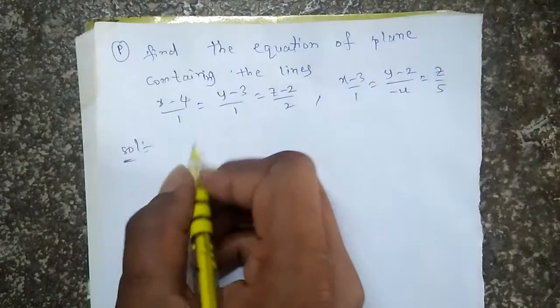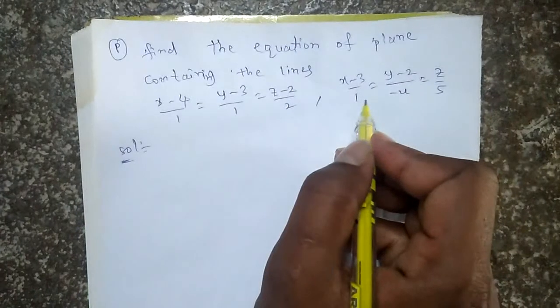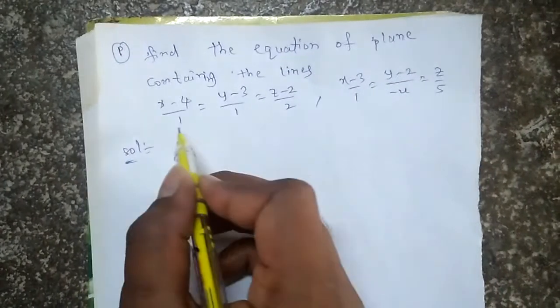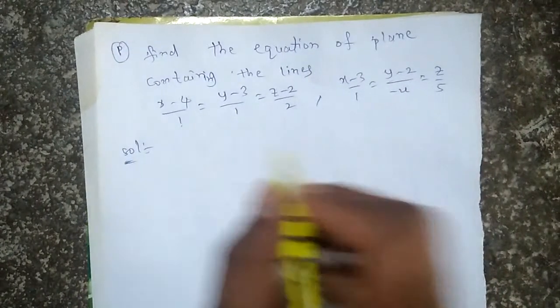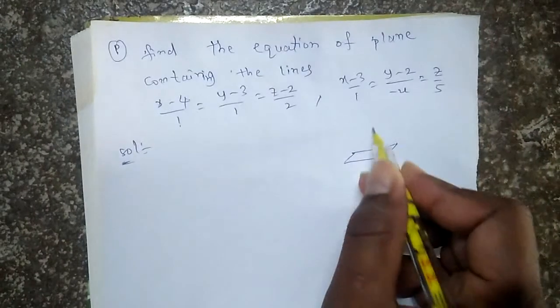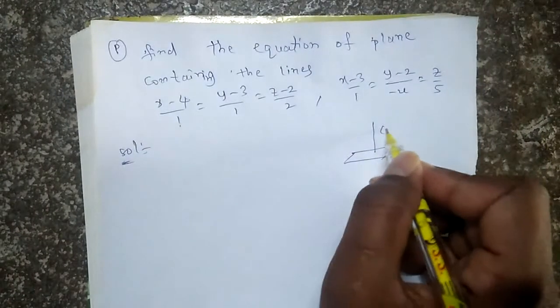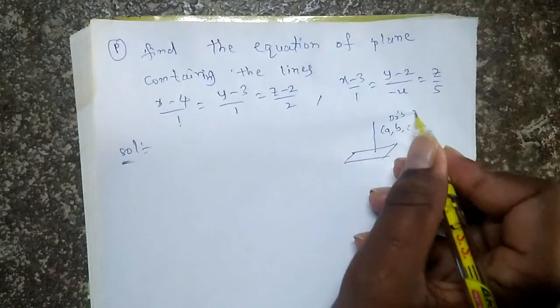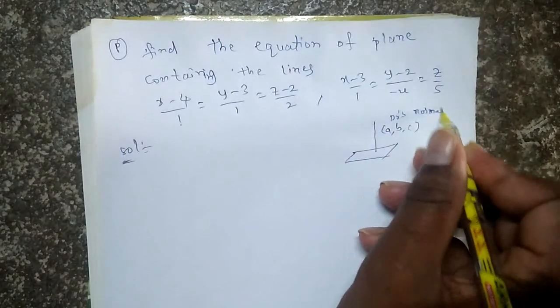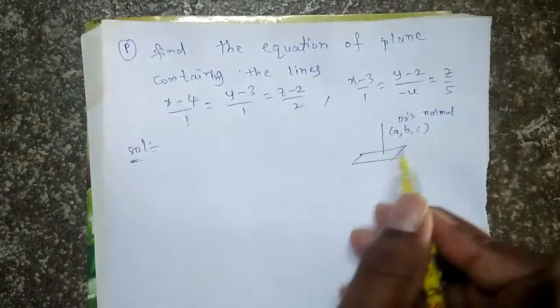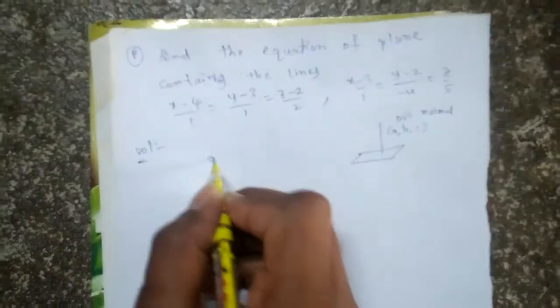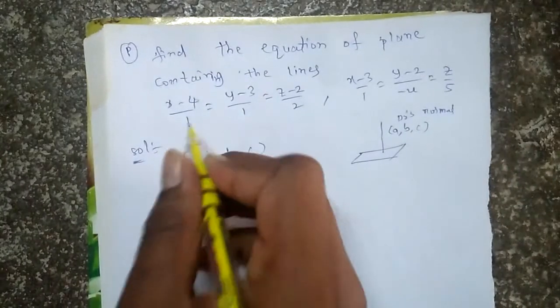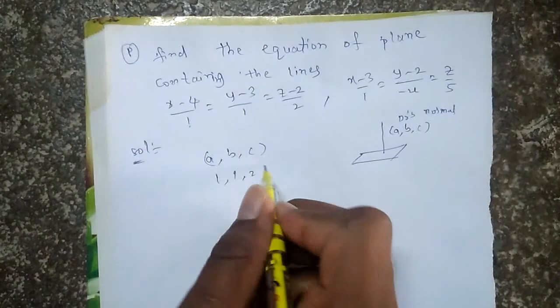So these two lines are in the plane, so if this is the plane and this is the normal, then these are the normal DRs. Let us assume a, b, c are the DRs of the normal. So these two lines will be perpendicular to the normal. The DRs of the first line are 1, 1, 2.